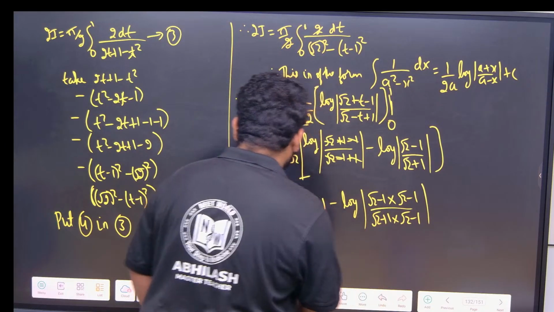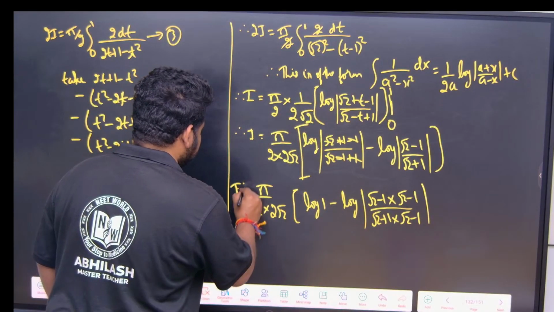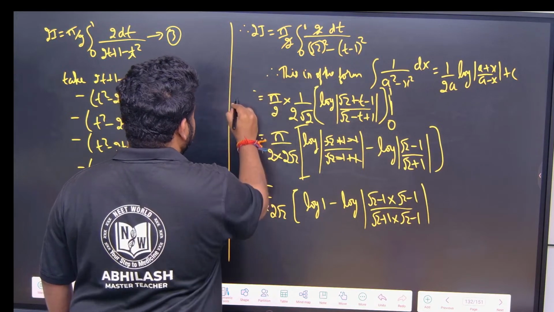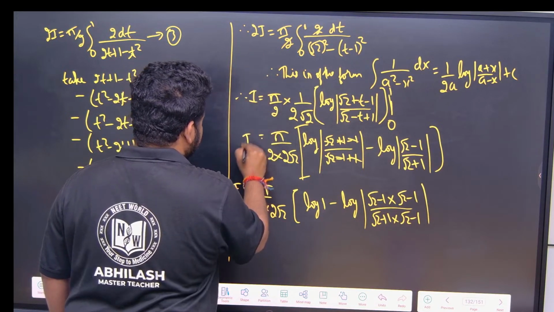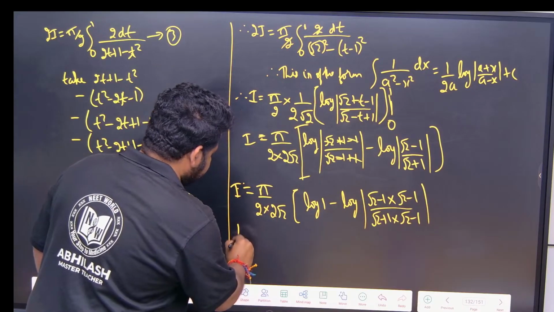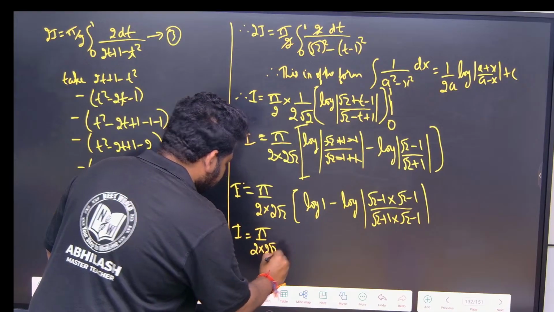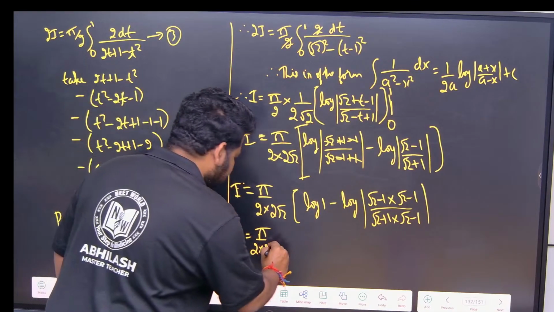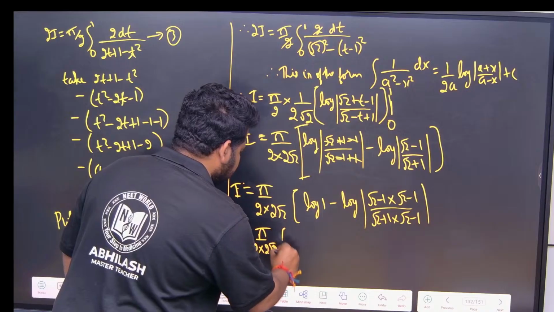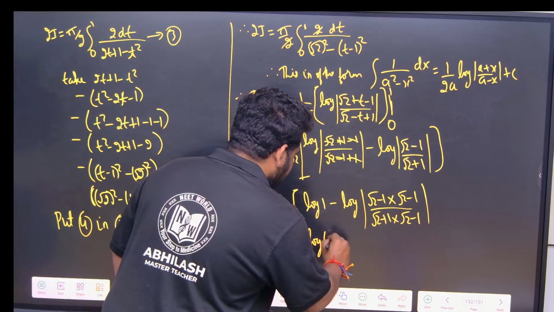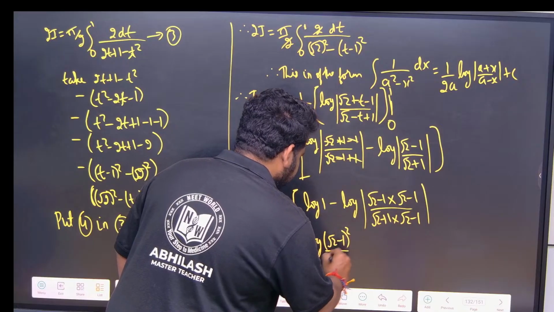So let us write one more step. Here I is equal to pi by 2 into 2 root 2 into log 1, which is 0, minus root 2 minus 1 whole square by 2 minus 1.